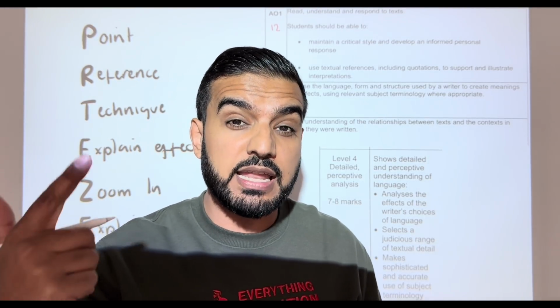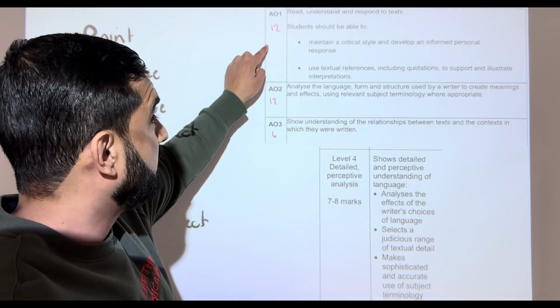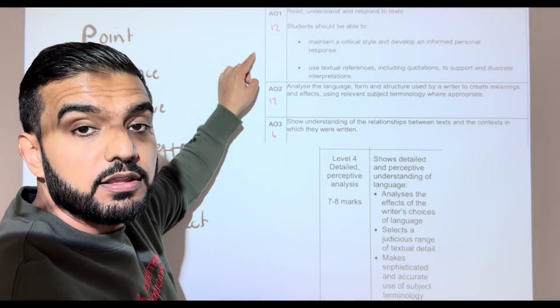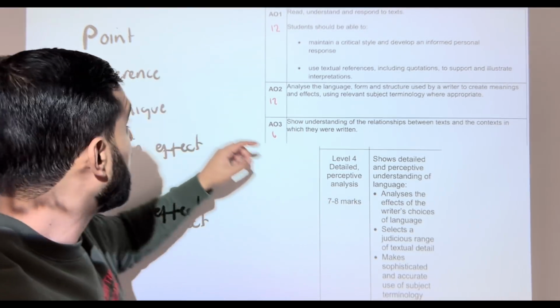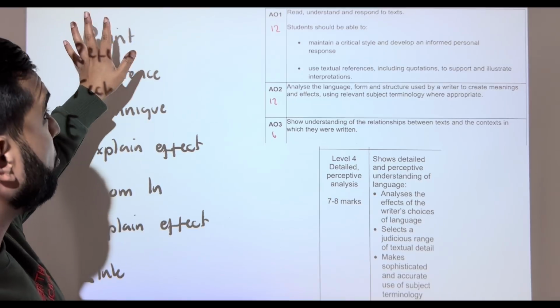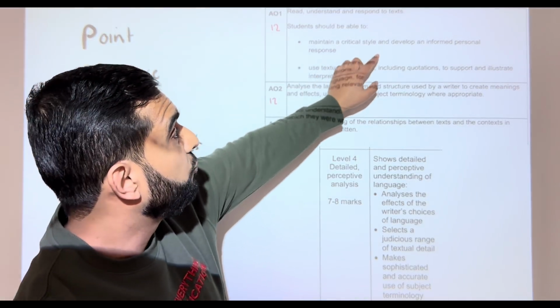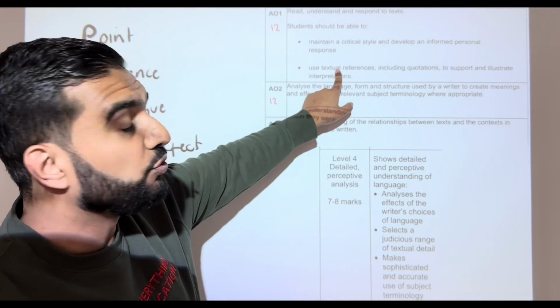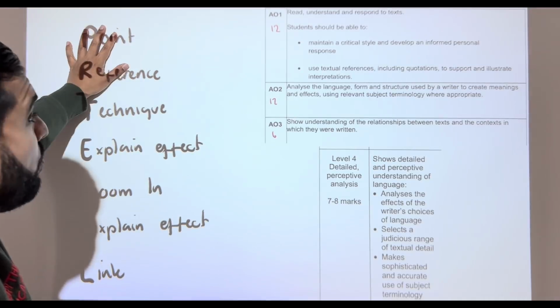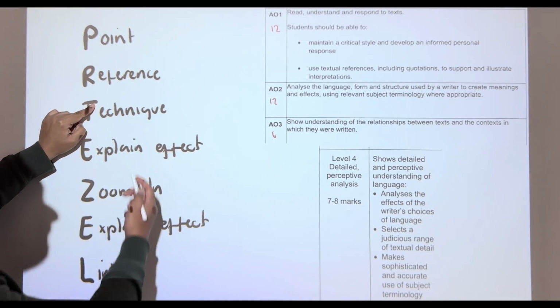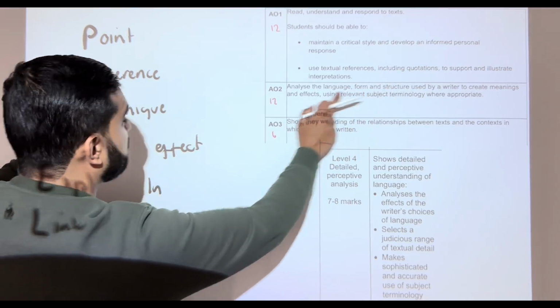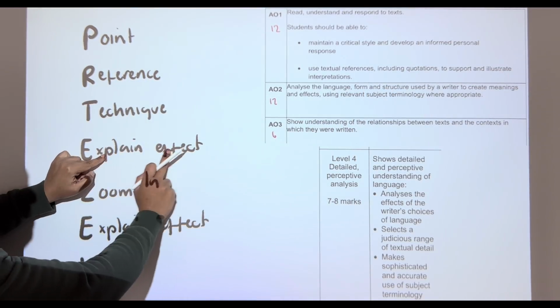However, AO1 and AO2, guys, they are 24 marks together. That is why AO1 is your point and your quote. That's AO1. It's your personal response and it's your textual reference. That is AO1. And then AO2, language, form and structure. That's your technique. Explain the effect.